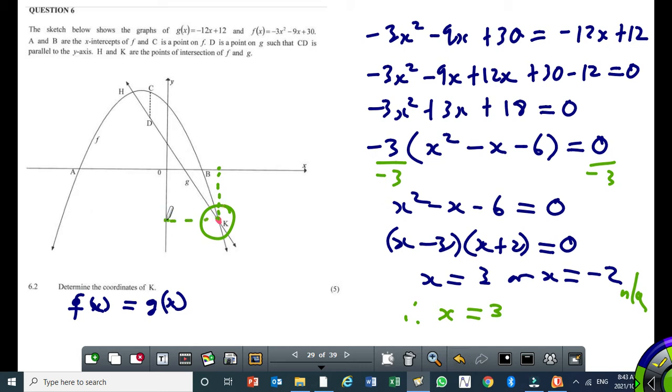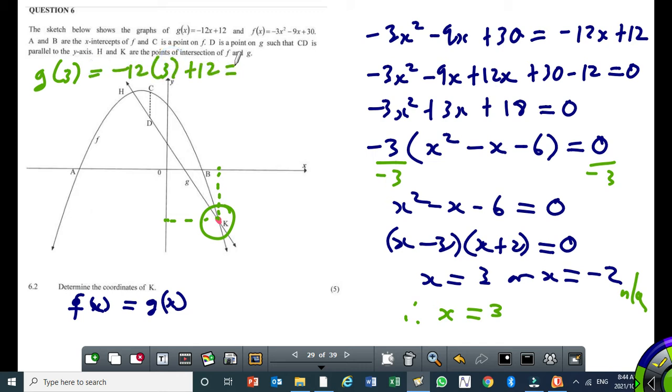So we have to substitute x equal to 3. Now I suggest you substitute into the linear; it's much easier than substituting into the quadratic. But either of the two will give you the same answer if you do your calculation properly. So g of 3 is going to be equal to minus 12 times 3 plus 12.